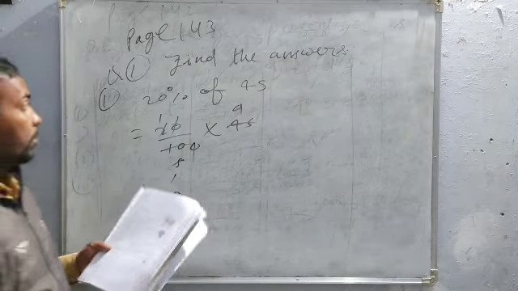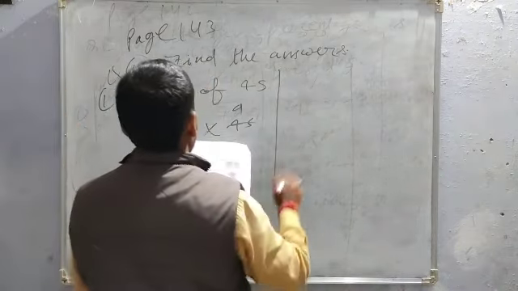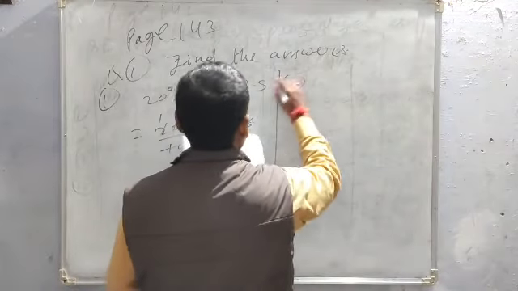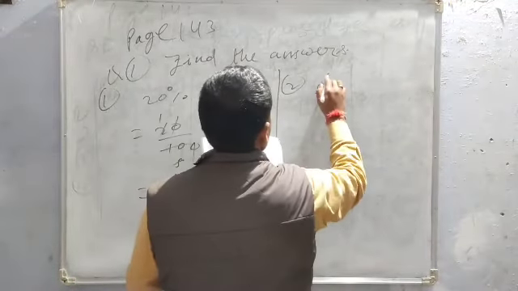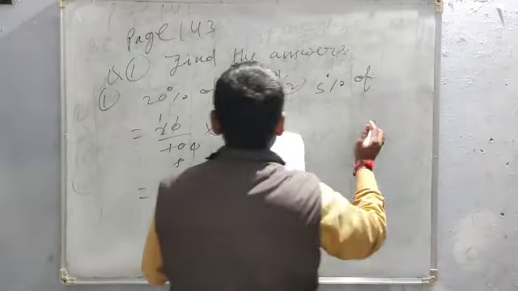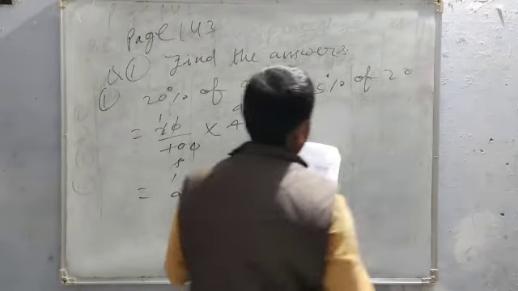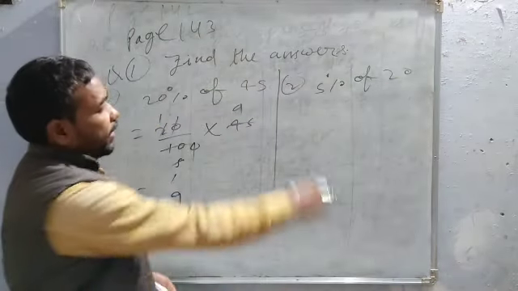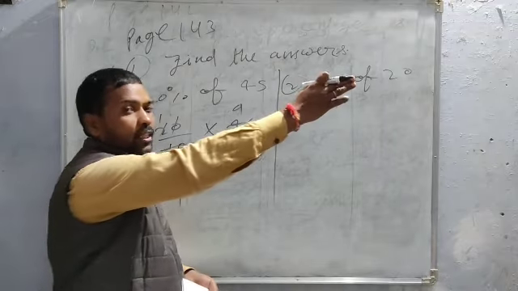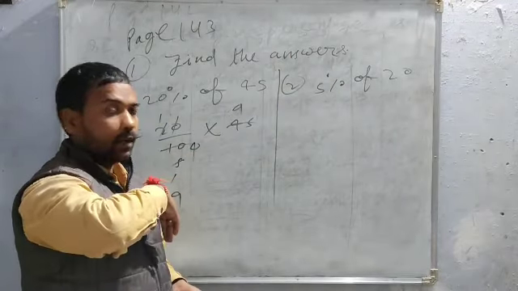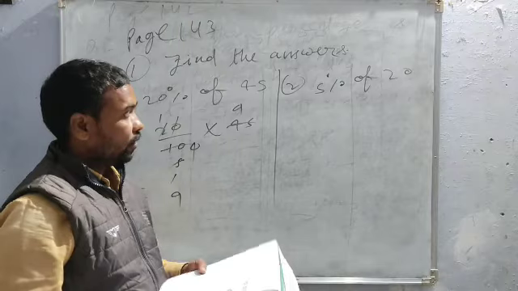Second one is 5% of 20. Some people directly multiply the given percentage and quantity and divide by 100. That answer also will come.